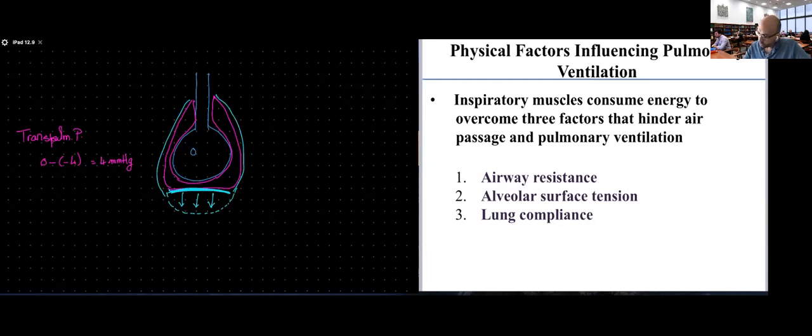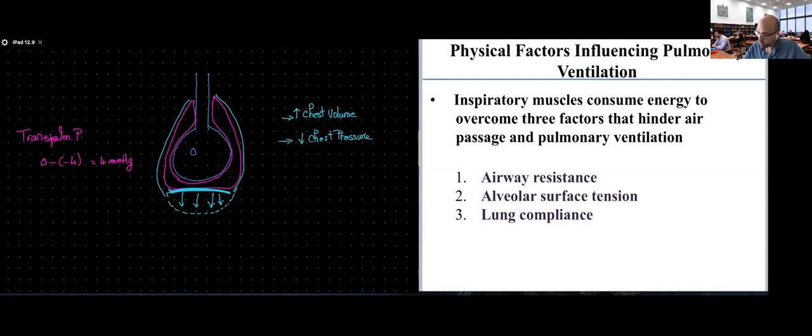And if you remember, what's the relationship between volume and pressure? If you increase the chest volume, either by contracting the diaphragm or by elevating your ribs, the chest pressure should decrease. And what is the pressure in the chest?